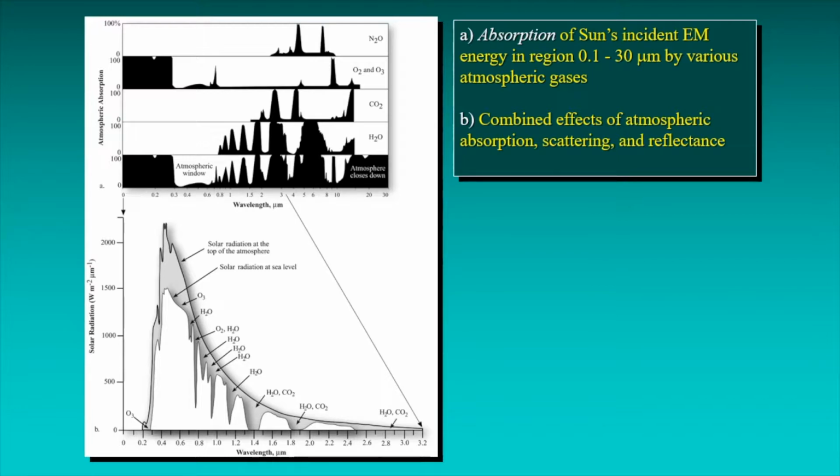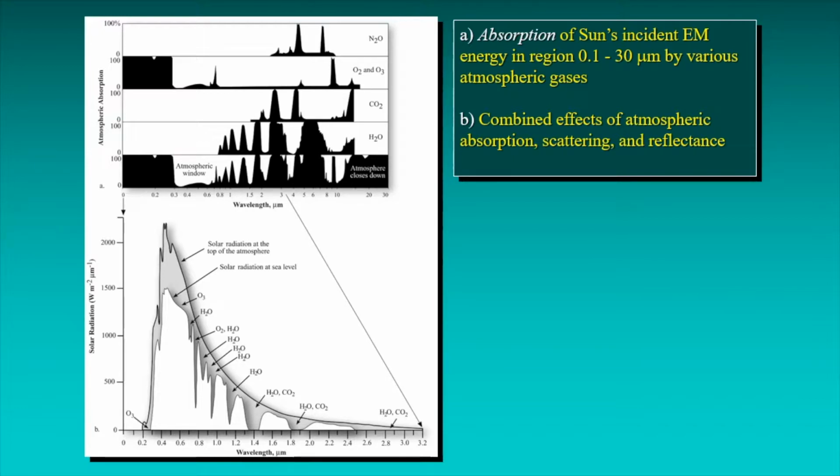And the very bottom graphic in the upper set of slides in part A of the figure is the combined cumulative results of all of those atmospheric constituents combined into one plot, operating within the atmosphere at one time.